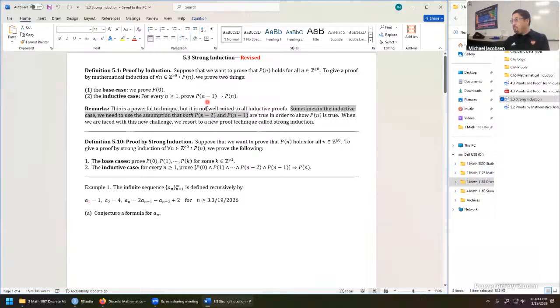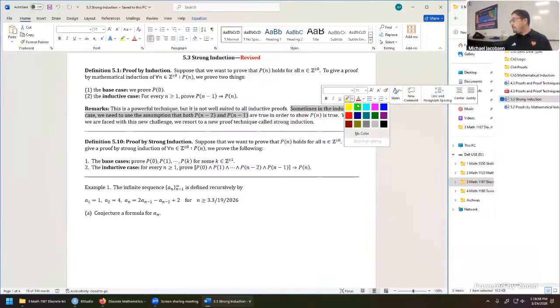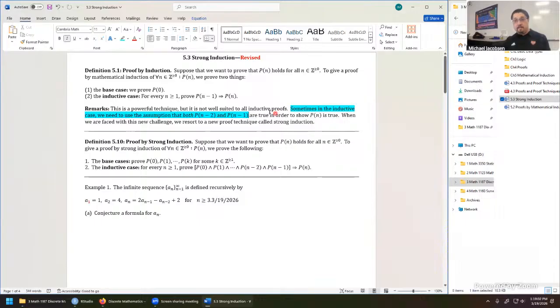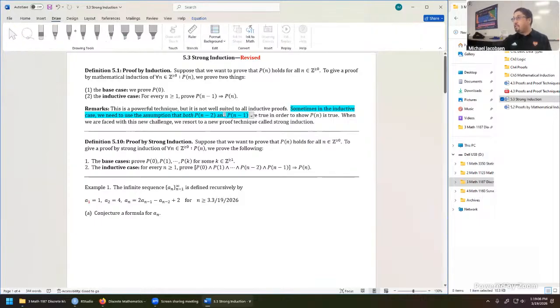Not just that one step, we sometimes need a little bit more, two prior assumptions. And in some inductive proofs, you need even more than that. So if you're assuming beyond that statement there, that's when it becomes strong induction. I emphasized this situation because these are the proofs we're going to take a look into in our class. It's an extension of this part right here.